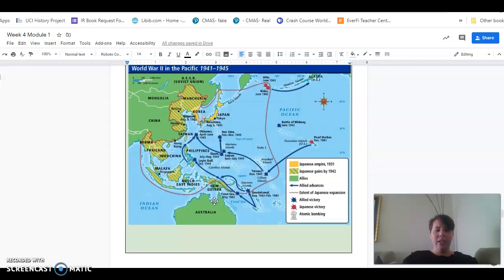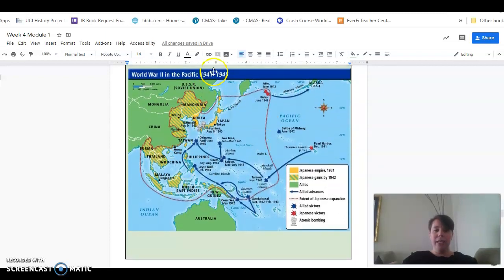So this is a map of World War II in the Pacific from 1941 to 1945. It does give you a little bit of background building, but you see the Japanese Empire was Korea and Japan in 1931. By 1942, we see that they had gained Manchuria, this area around Beijing, Nanking.